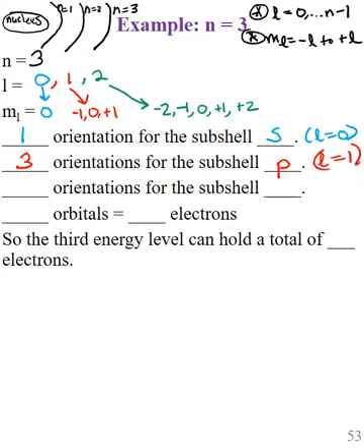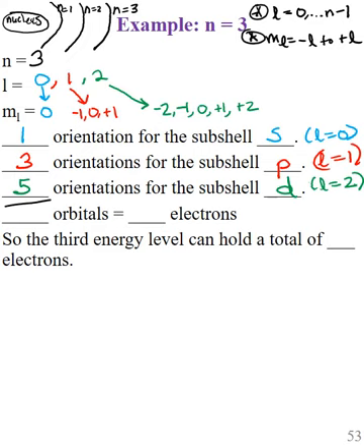Then let's look at the last one, the one in green. How many orientations could this one have? This will have 5 orientations because I have 5 values of m sub l. And here, l is going to be 2. If l equals 2, what is the subshell? d.